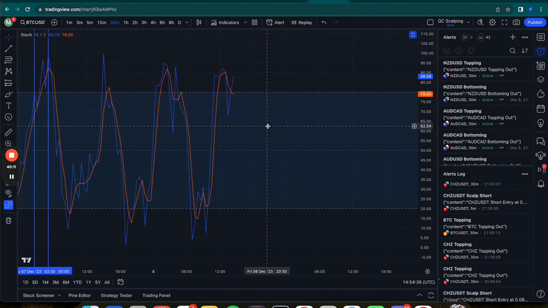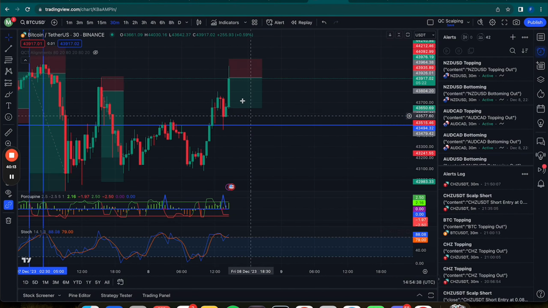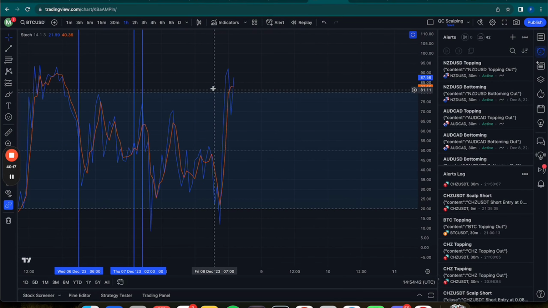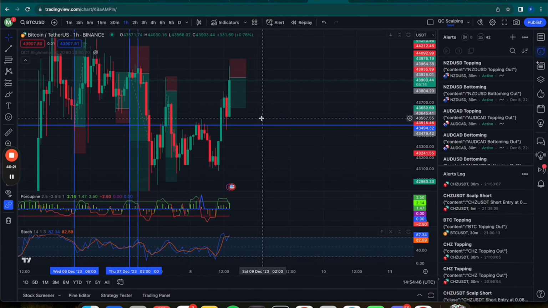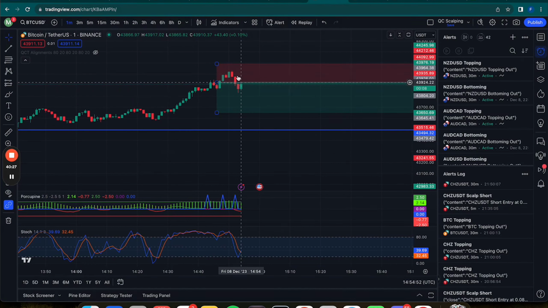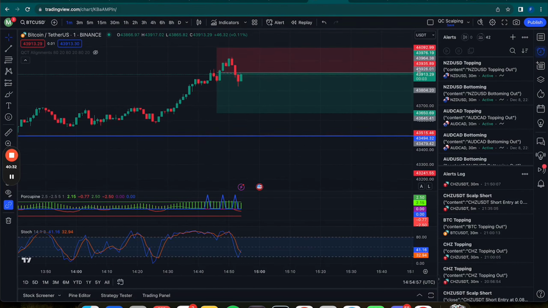We want continuation to the downside, which is going to close in 6 minutes. And then our 1 hour is topping out as well. We want movement down, which is going to close in 6 minutes as well. So that's something that we'll be looking at, but also it's an hourly close. So whatever is happening here can be just an impulse for the hourly close. So that's something important to note as well.